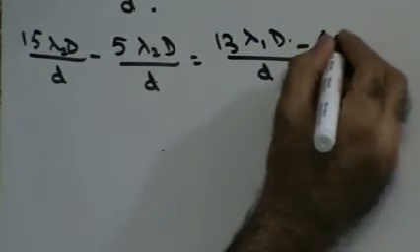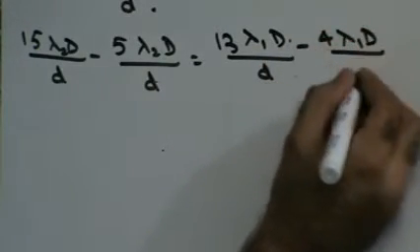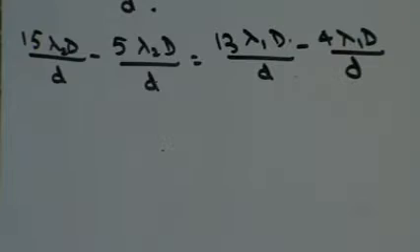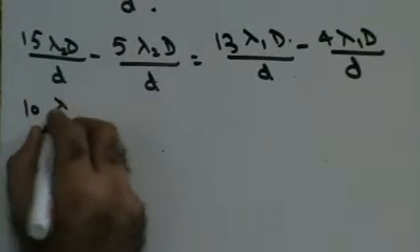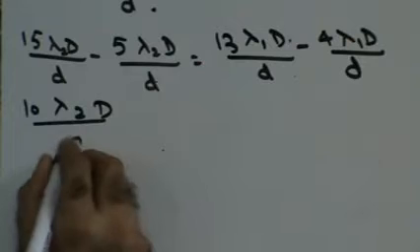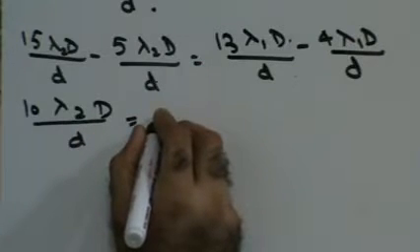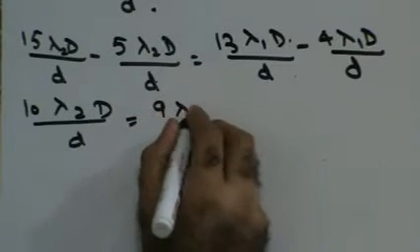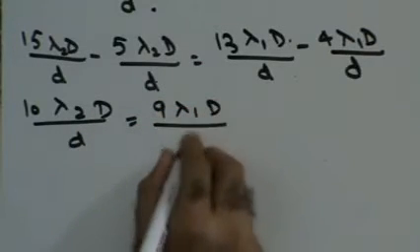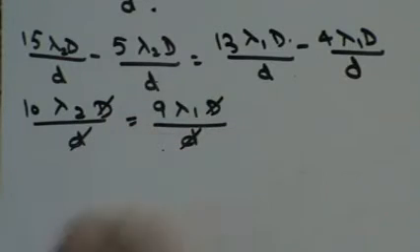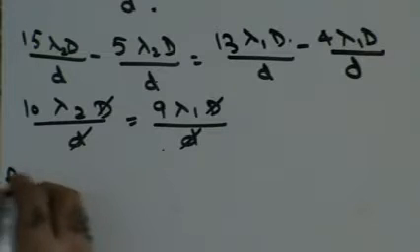So you will get 10 lambda 2 D by d is equal to 9 lambda 1 D by d. D and d get cancelled. You already know the value of lambda 1. You should be able to get the value of lambda 2. When you solve this, you will get this answer as 5400 Angstrom unit.